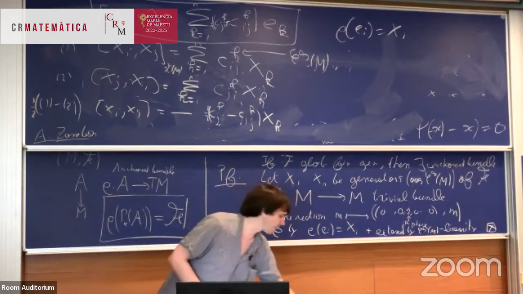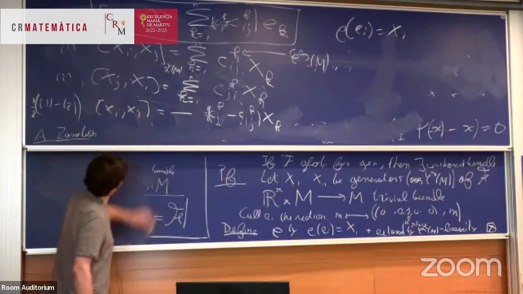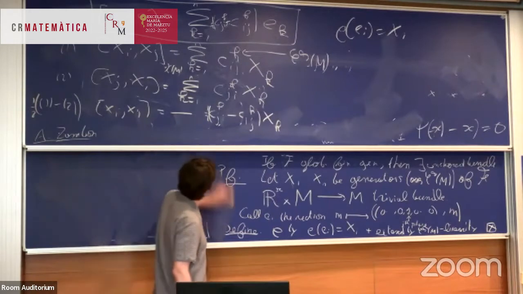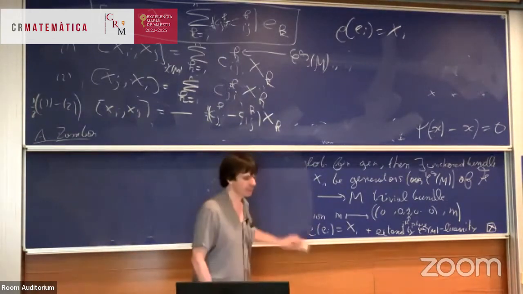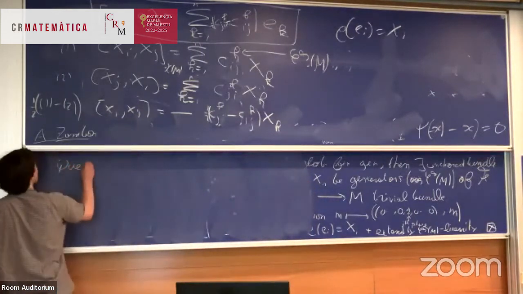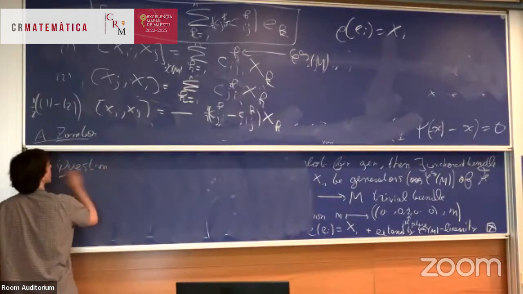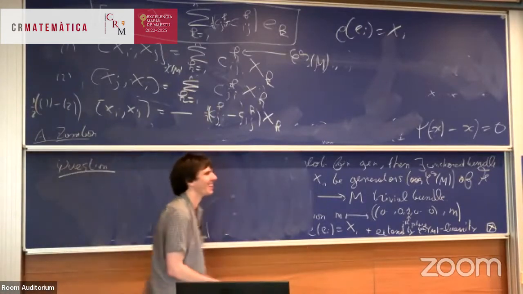And in fact, let me ask one of the most basic questions I know on singular foliation. So Friday will be all about open questions. And here is the most scandalous one.